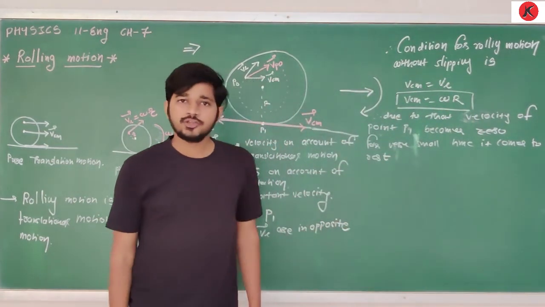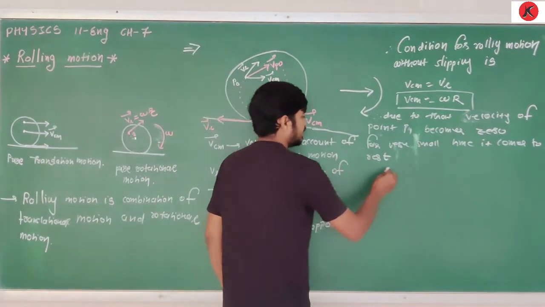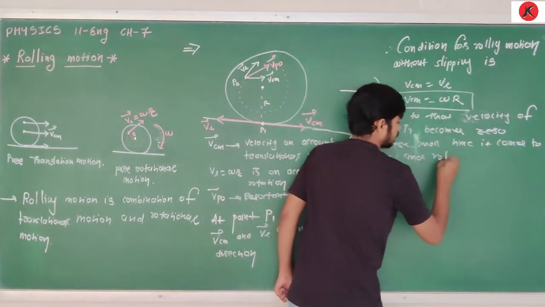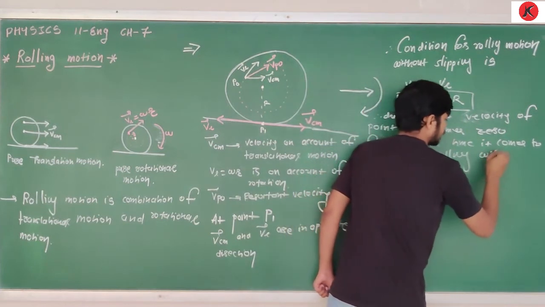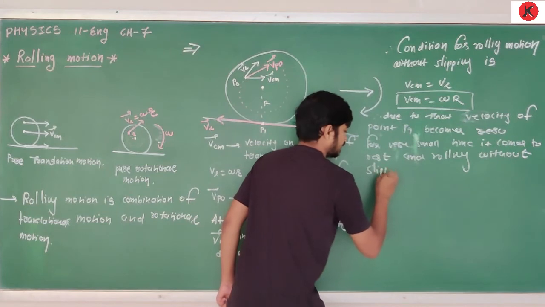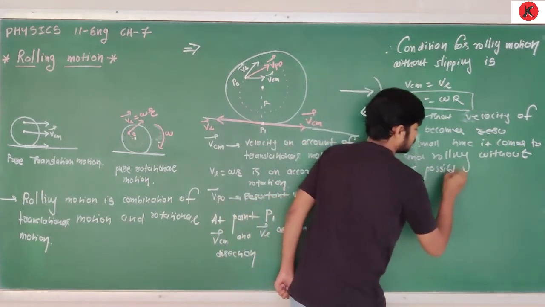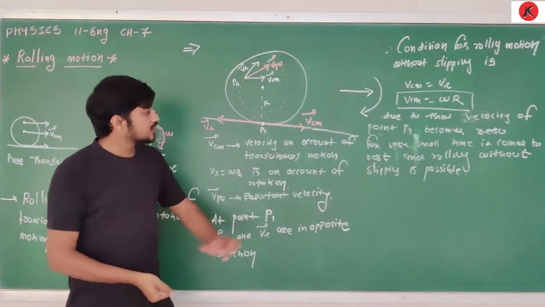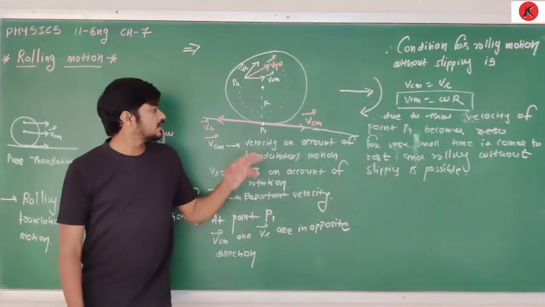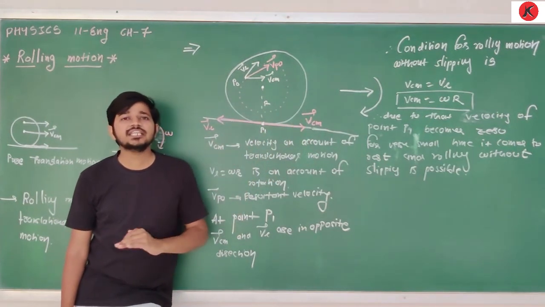And due to that, rolling without slipping is possible. Otherwise, if this condition is not satisfied, then this disc will slip over this surface.